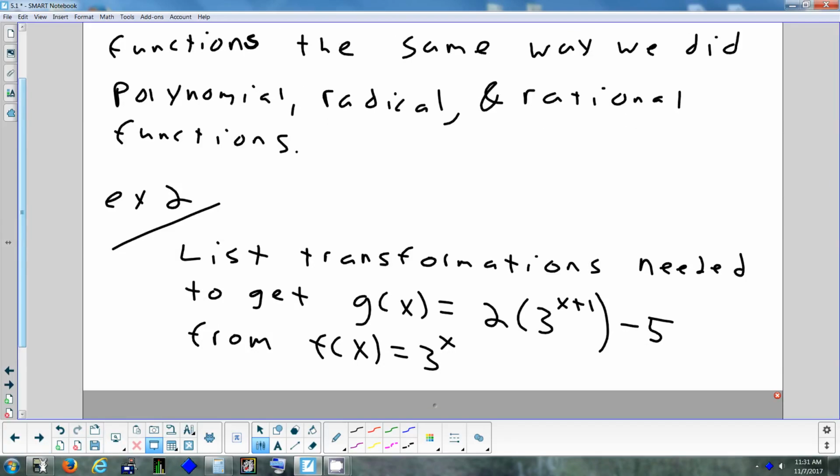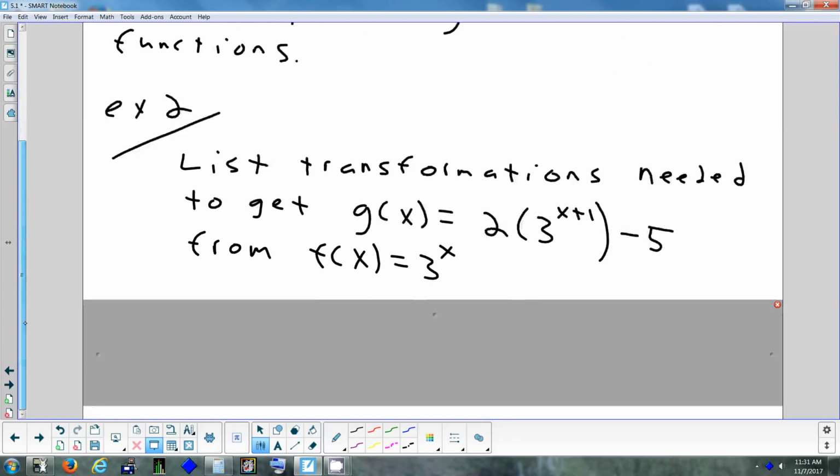Anyone think they could tell me how many transformations it would take to change f of x into g of x, if you break down every single transformation in g of x? Three, exactly. There are 3 transformations to turn f of x into g of x.